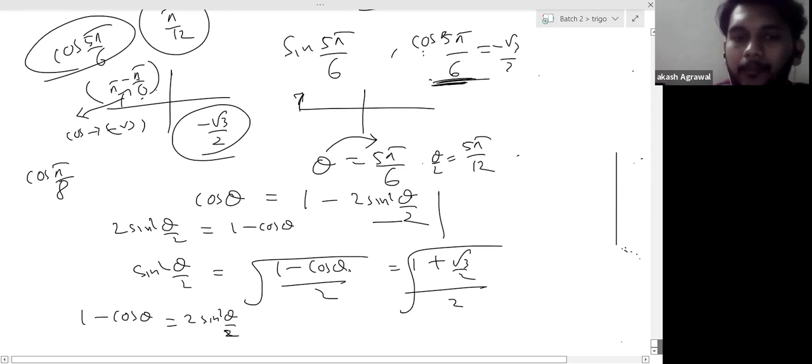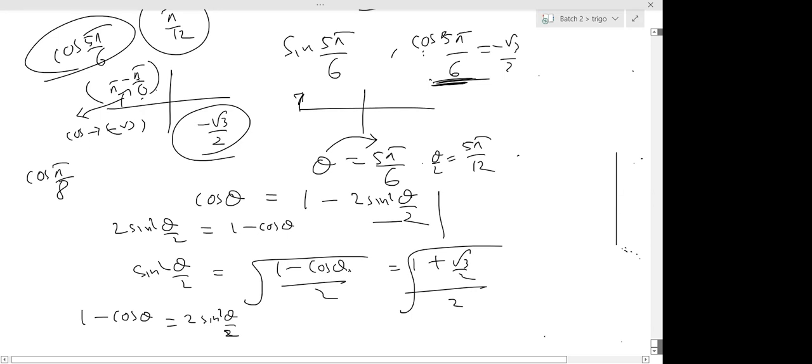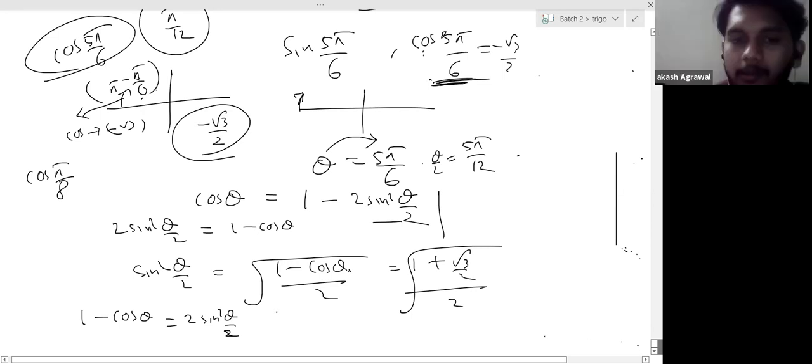Yes, sir. So now if you put theta is equal to 5 pi by 6, put the value of theta in this equation. Tell me what you are getting.